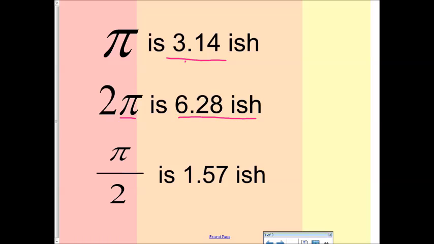It's not exactly 2 pi because pi goes on forever, but it's as close as we can get with a rational number. Pi divided by 2 is 3.14-ish divided by 2, which gives us 0.157-ish. It's as close as we can get to a rational number, even though we're dealing with irrational numbers.